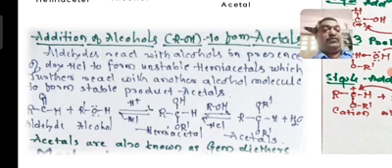So what are acetals? Acetals are nothing but gem diethers. Gem means the carbon contains OR1 and OR2. This is a peculiar reaction you have to remember.